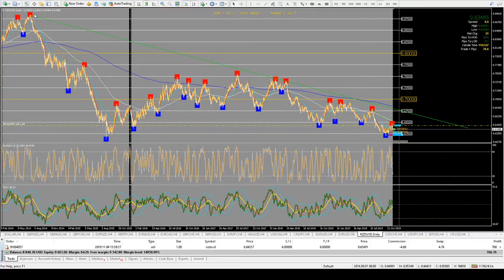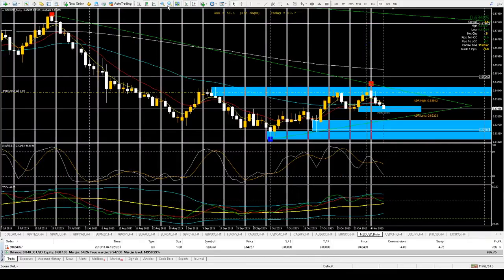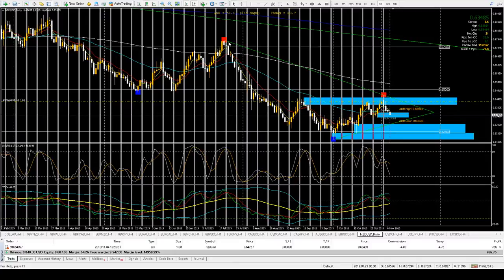But we come in here, and we see that we have another downtrend, just because, for instance, this high point here really doesn't run all the way through to where our last swing high was.